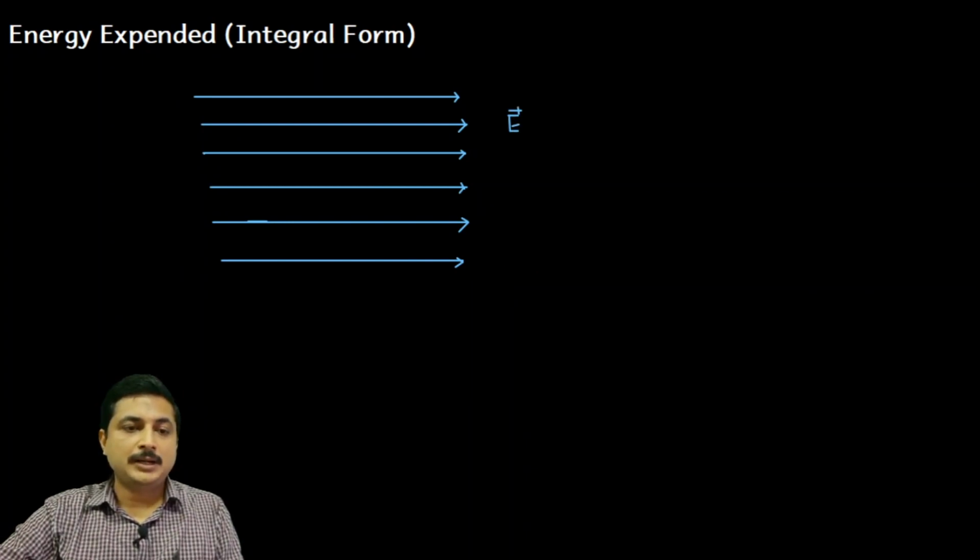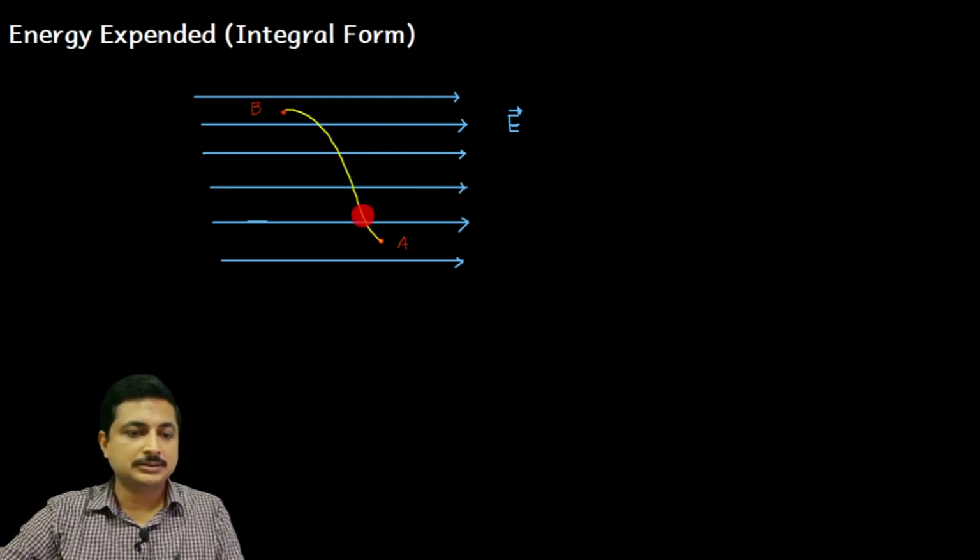Now, my positive charge Q is present at some point A in this field. Let me denote it A. Initially my positive charge Q is somewhere here. Now, I need to push this charge, or move this charge, to some point here. Let me name it B, along this path.